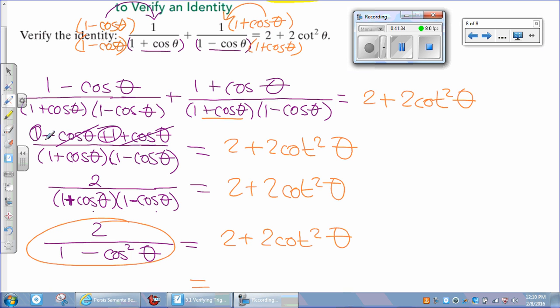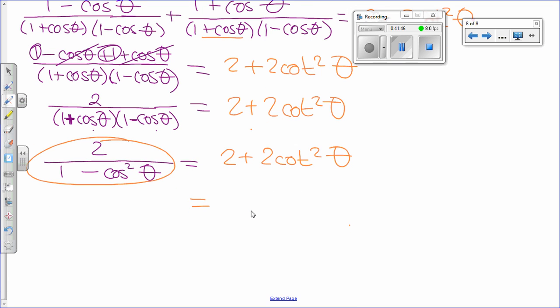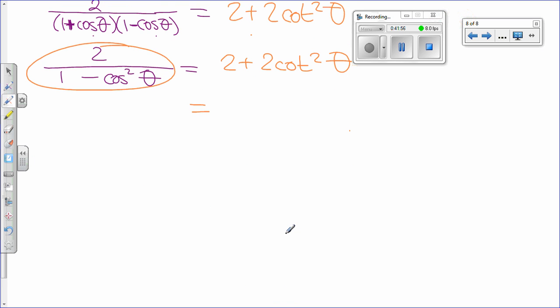here I canceled out cosine and negative cosine, so 1 plus 1 is 2, and then the next step was to multiply the two factors in the denominator. Now what I'm going to do next is move to the right side, so I'm going to rewrite cotangent in terms of sine and cosine by using the quotient identity.